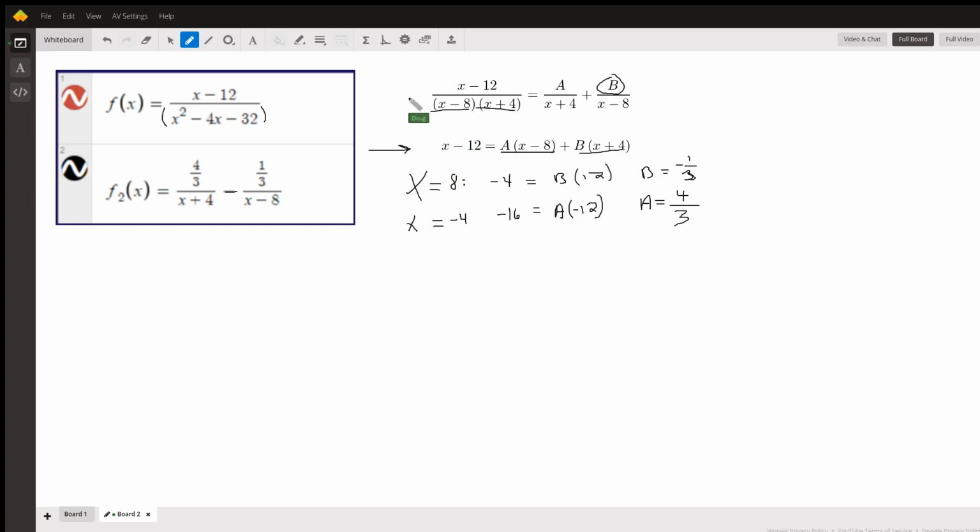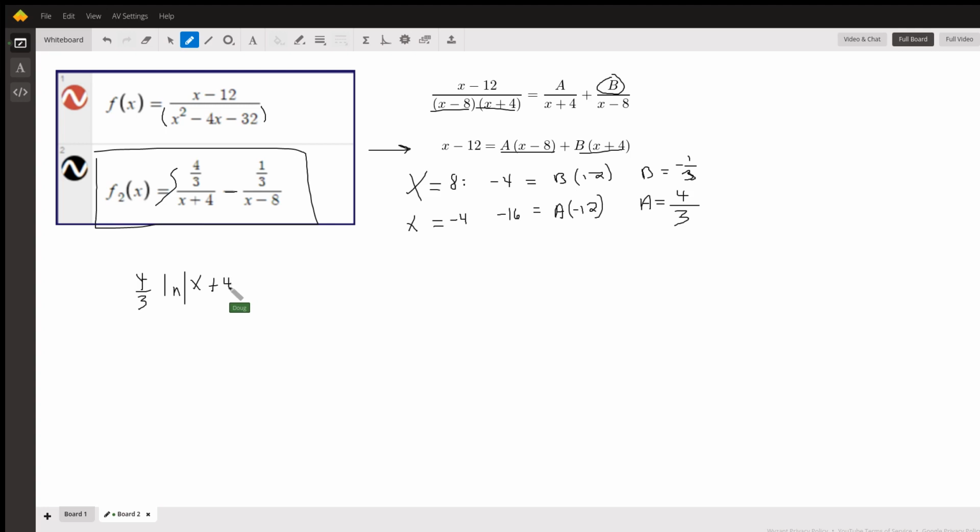Okay, and so once you've rewritten the original function this way by partial fraction decomposition, the integral of this first term, of course, is 4/3 times ln of x plus 4.